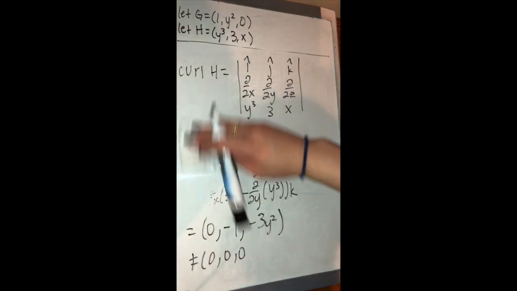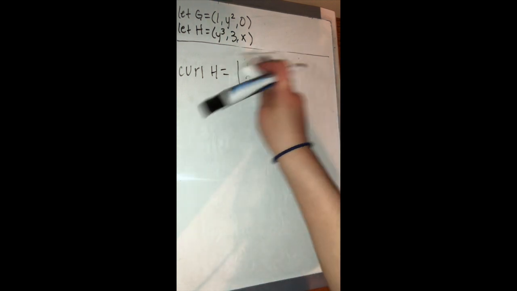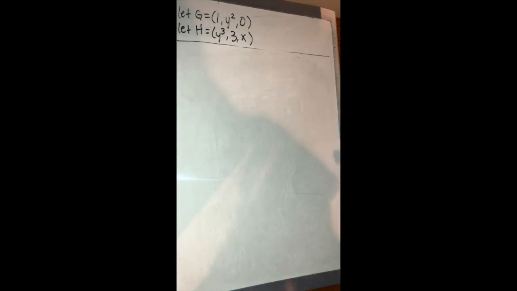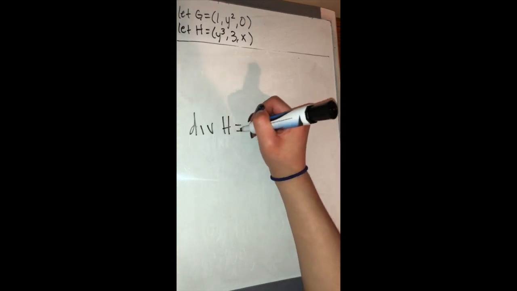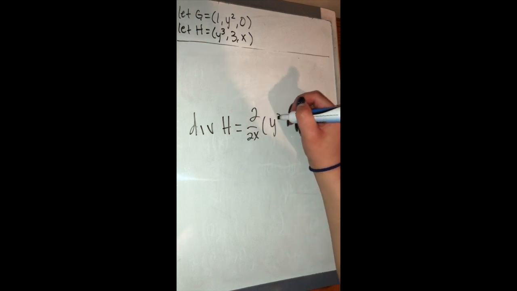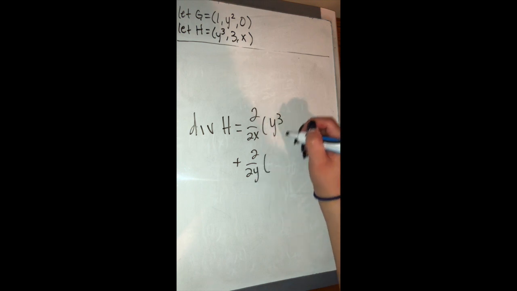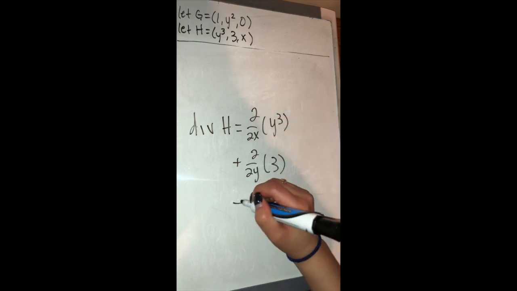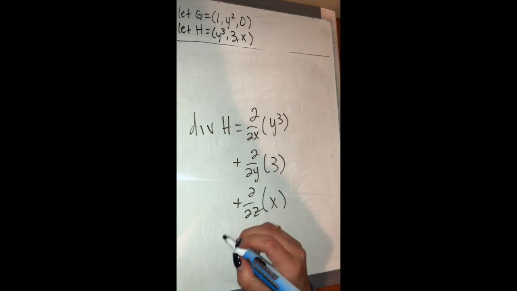Lastly, we want to find if it is incompressible. So the divergence of H equals partial with respect to x of y cubed plus partial with respect to y of 3 plus partial with respect to z of x.